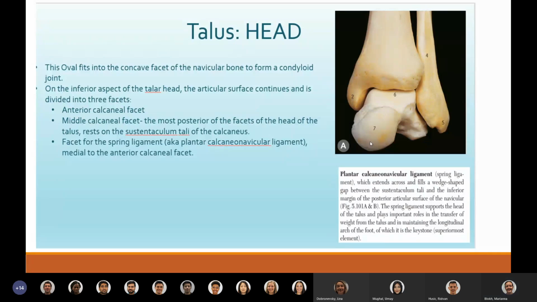So don't forget that. Okay, so we basically have the anterior calcaneal facet and the middle calcaneal facet on the head over there. Then we'll talk about the rest of the talus when we talk about the posterior calcaneal facet.